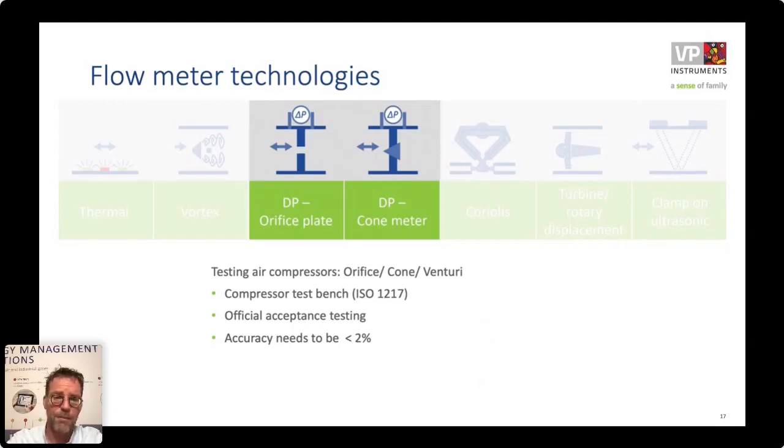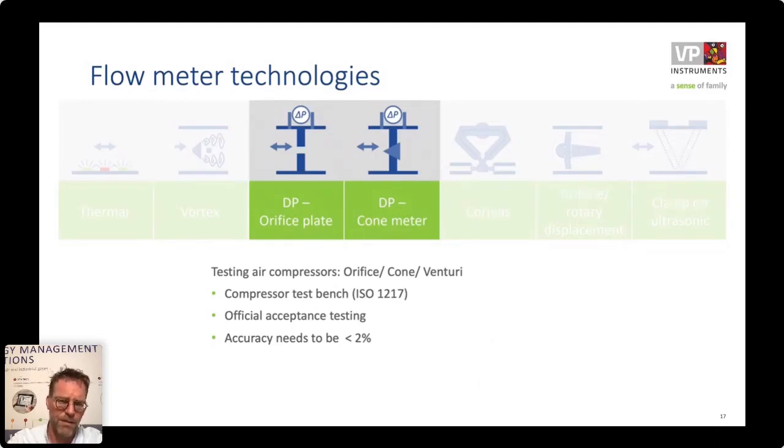And you still find them a lot in compressed air testing applications, like if you need to test an air compressor to write the specification sheet, or if you want to test an air compressor in the field, then you will find this type of sometimes also temporary differential pressure meters. But I would not recommend them for permanent applications, and that's because of the pressure loss.